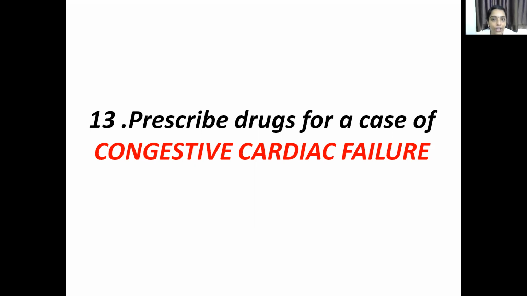The drugs with positive inotropic effect are, first, the cardiac glycosides: digoxin, digitoxin, ouabain. Then phosphodiesterase inhibitors like milrinone and inamrinone, then levosimendan, then beta-adrenergic agonists like dopamine, dobutamine and dopexamine. All these act by increasing the contractility of the heart.